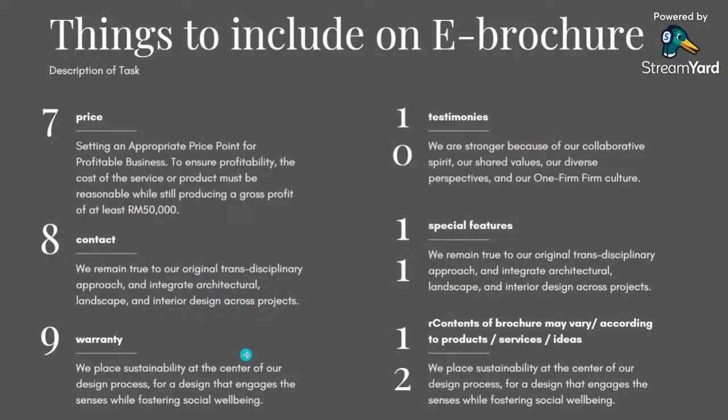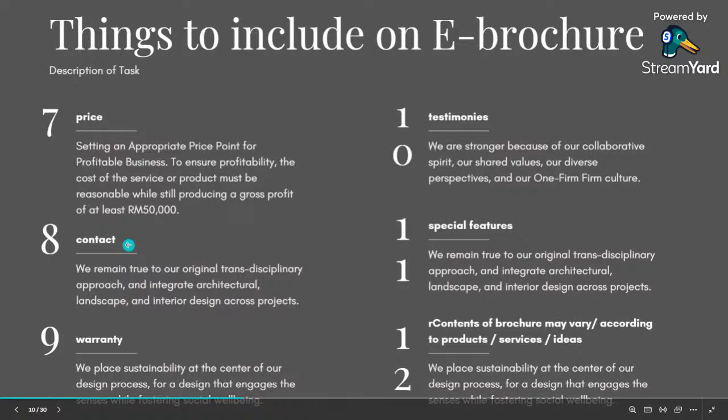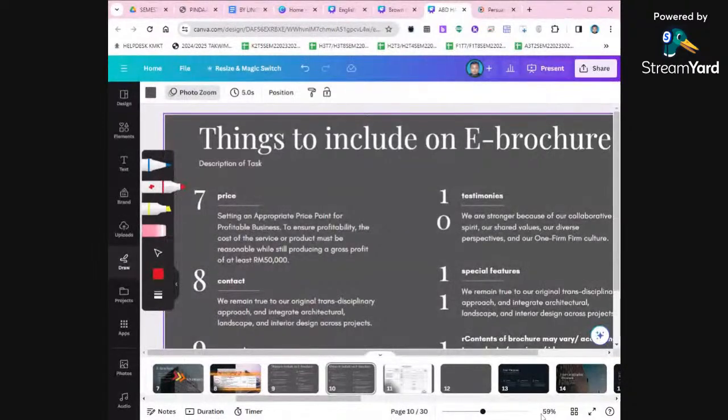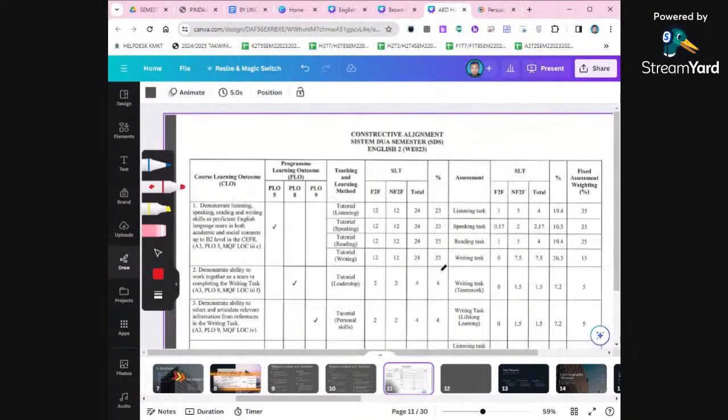All you have got to do is come up with contact, warranty, testimonies, special features, and content. You have got to understand that the contents of a brochure may vary according to products, services, and ideas. Then let's look at this one: constructive alignment.